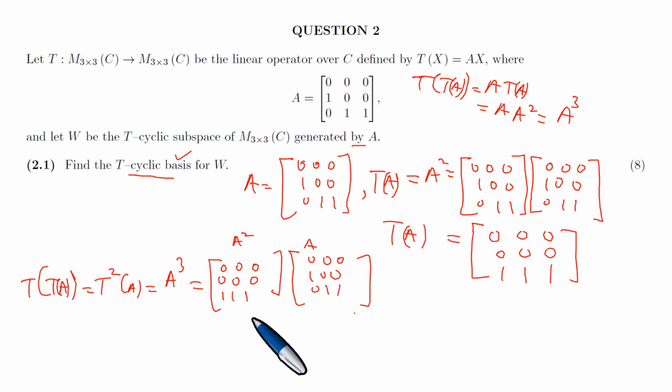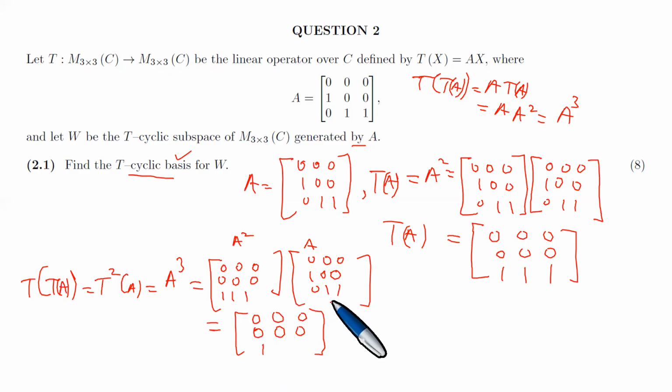You multiply this matrix: this with that gives 0, this with that 0, and so on.